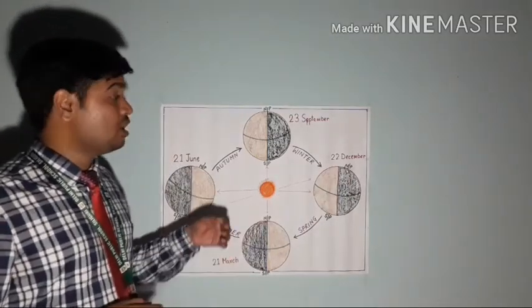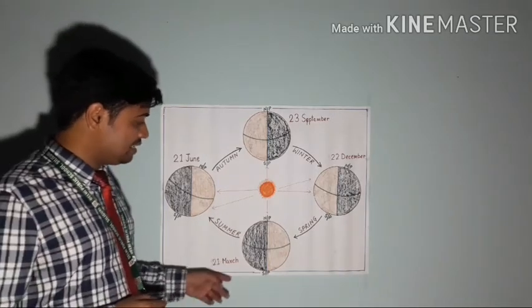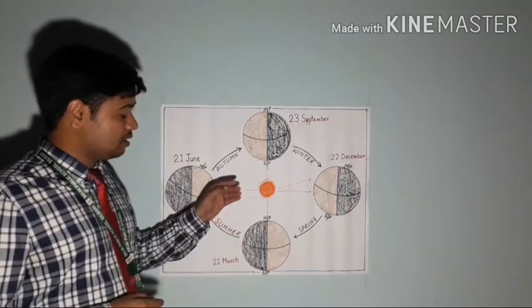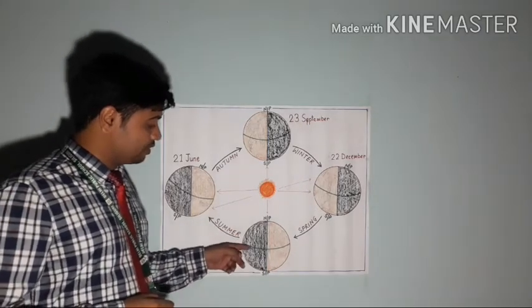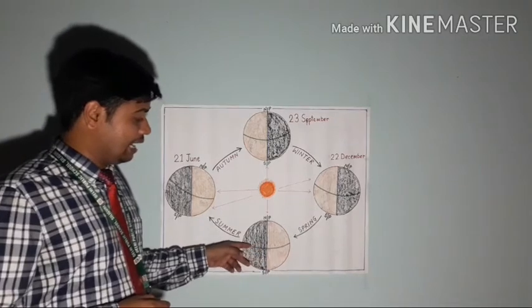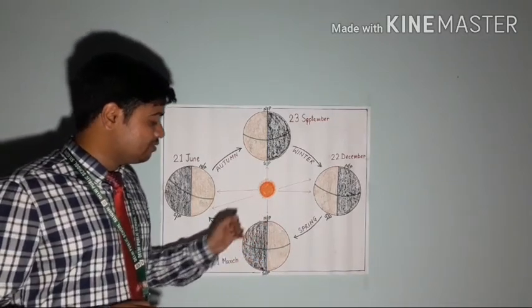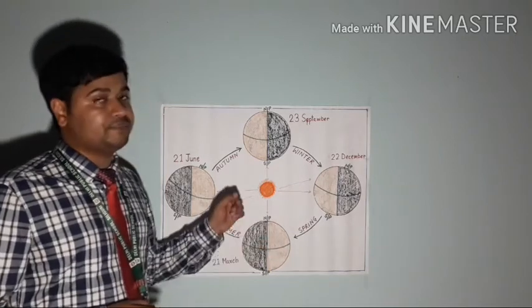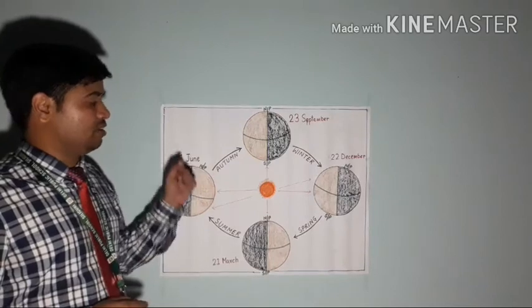That is called winter solstice. And on 22nd March, again sun rays fall directly over the equator, and the length of day and night is equal in both hemispheres, and it is called spring equinox.